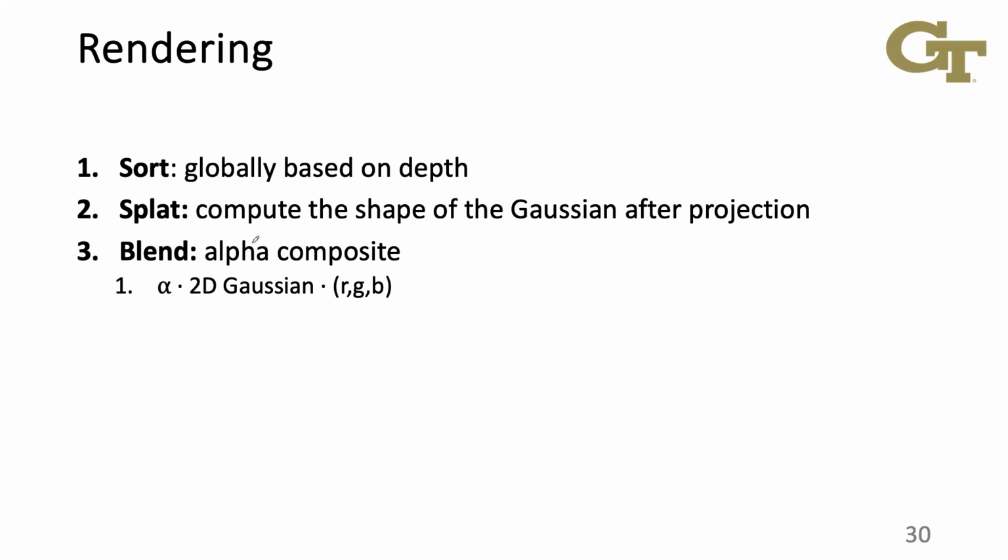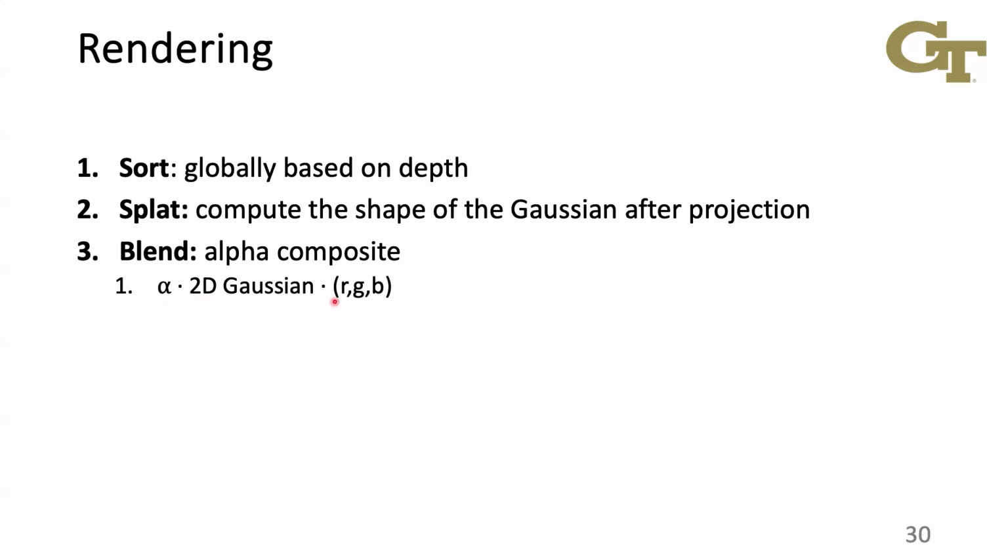Anyways, they do one single sorting pass, and then they do the whole projection part where they splat all of the Gaussians into view space with the depth they already have from the sorting part. Then they blend these together with alpha compositing, where they have some transparency for each Gaussian, and a 2D Gaussian described by the 2D covariance matrix and the 2D view space position.